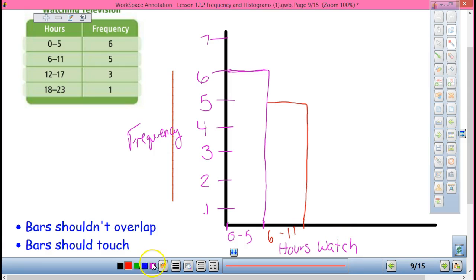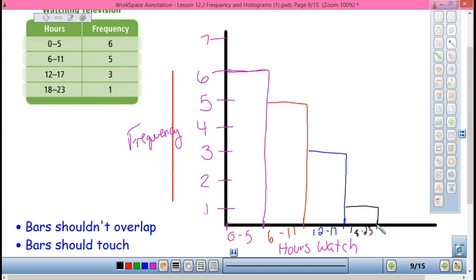Our next interval is 12 to 17. He goes up to 3. And our last little guy is 18 to 23, and he only goes up to 1.